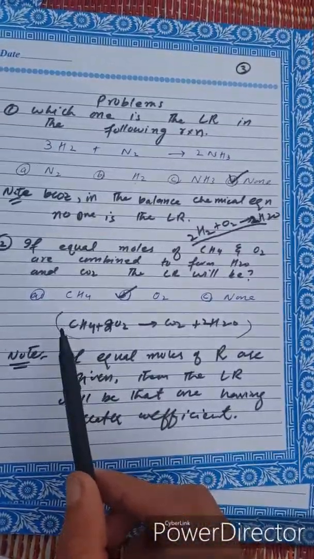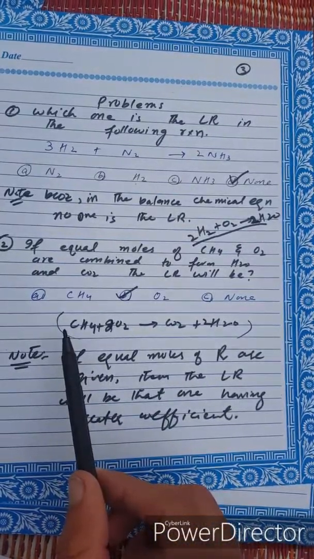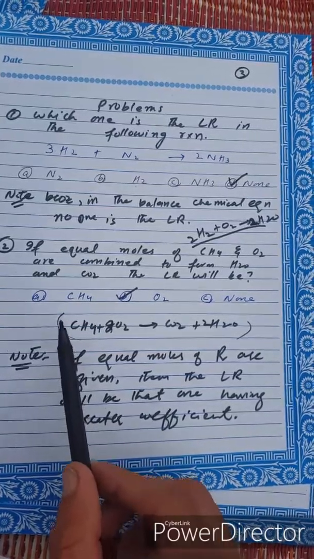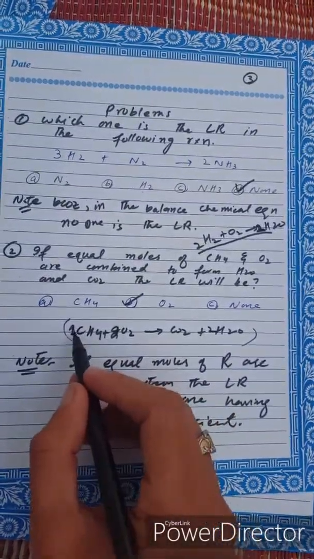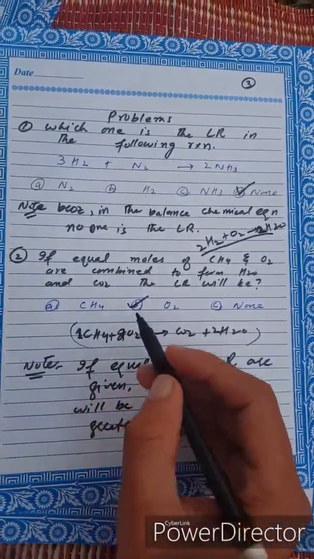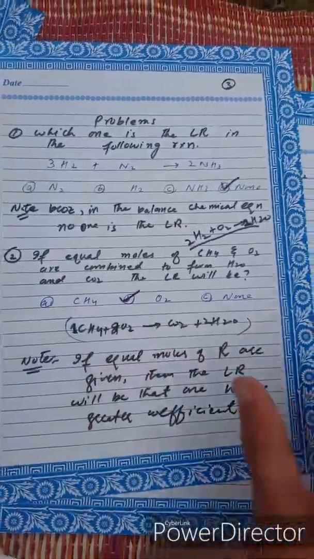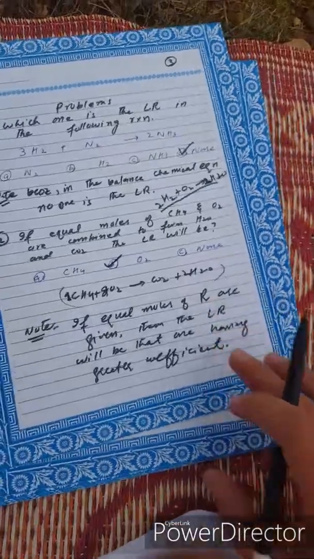Now when no coefficient is shown, it means that it is 1. So the coefficient of methane is 1 and that of oxygen is 2, so oxygen is the limiting reagent.